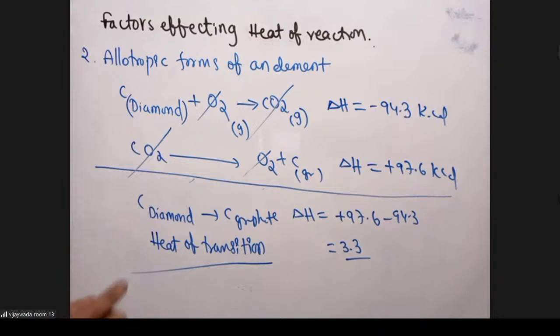The amount of heat released or absorbed during that process is called heat of transition. The temperature at which diamond is converted into graphite is called the transition temperature. Completed, students?